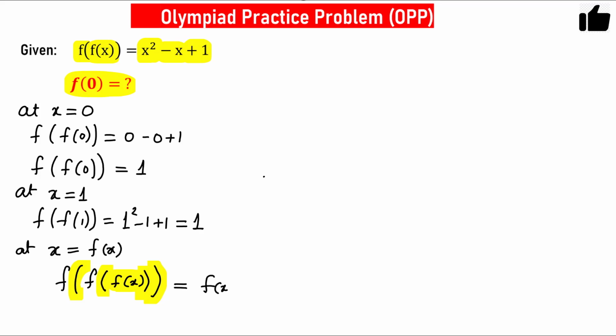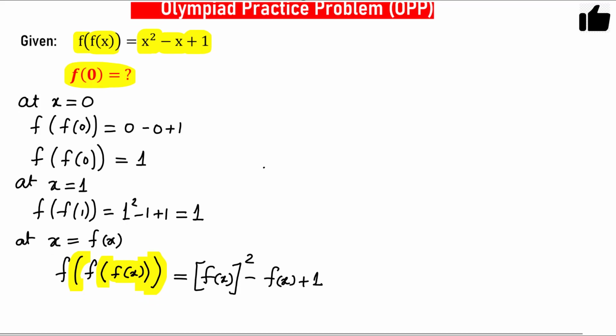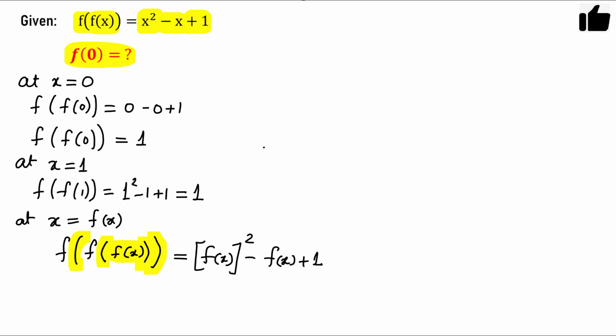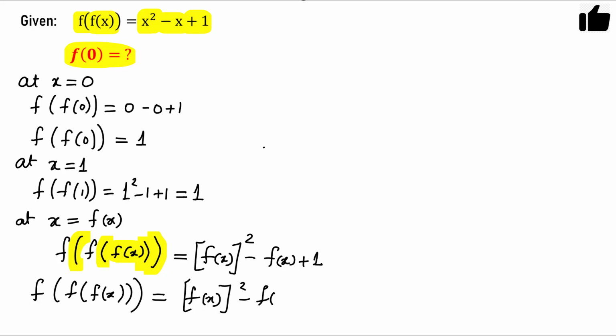So I will have (f(x))² − f(x) + 1. So I have this equation: f(f(f(x))) = (f(x))² − f(x) + 1. Let's call the earlier equations equation 1 and this one equation 2.